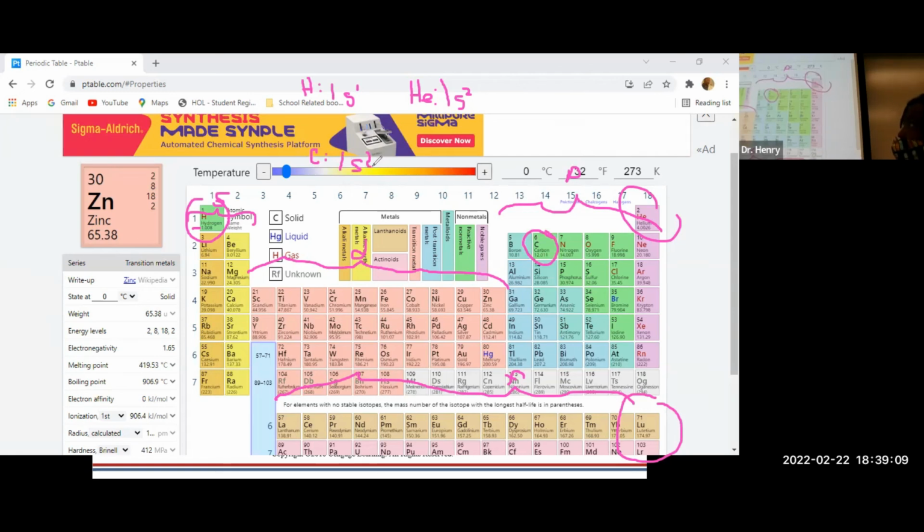Then 2s2, and then 2p2. That accounts for every electron that carbon has. Are you with me?